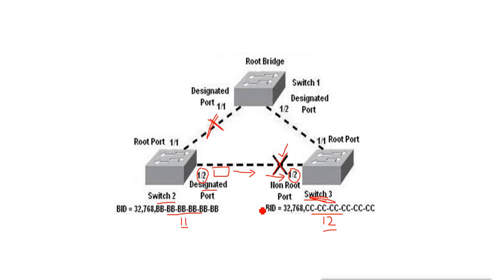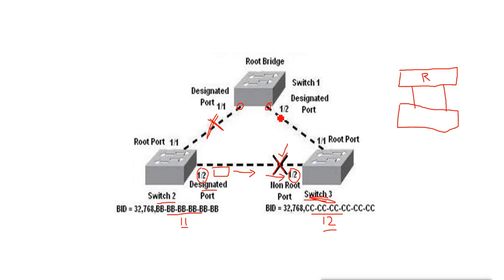Now in case you have only two switches and you connect them together directly, like this. Remember, if you have a root bridge, suppose this switch becomes the root bridge. On the root bridge, all ports will always be designated ports, because they are always in forwarding state.